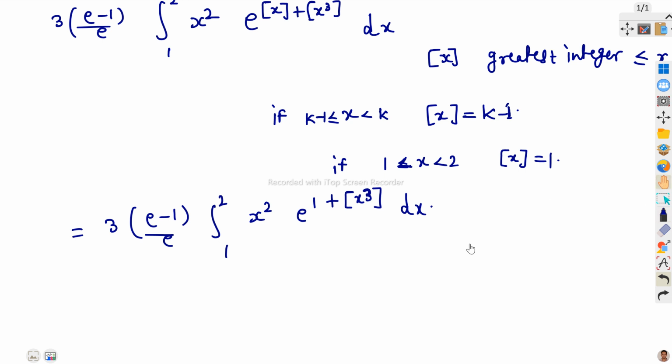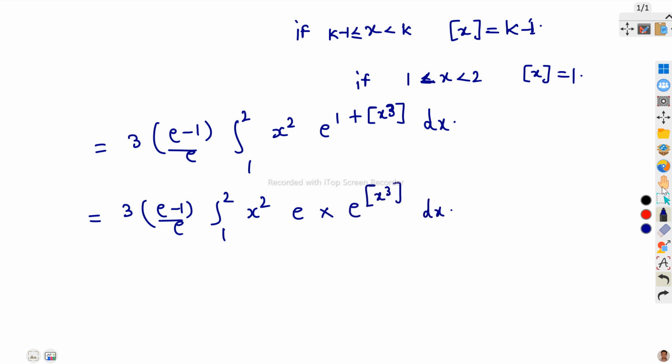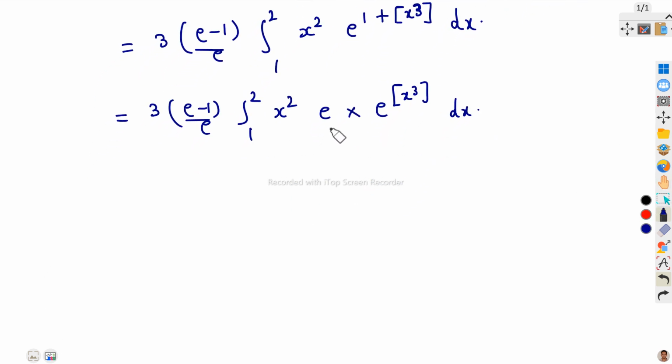Again, by using the exponent formula, we can write it as e times e^([x³]) dx. Since this e is a constant, independent of x, we can take it outside the integral.